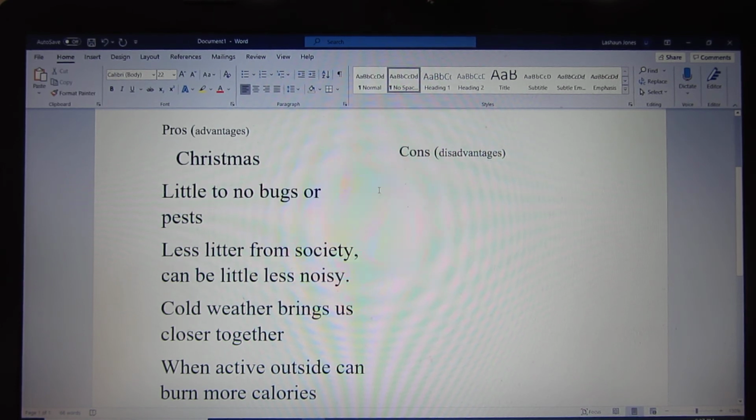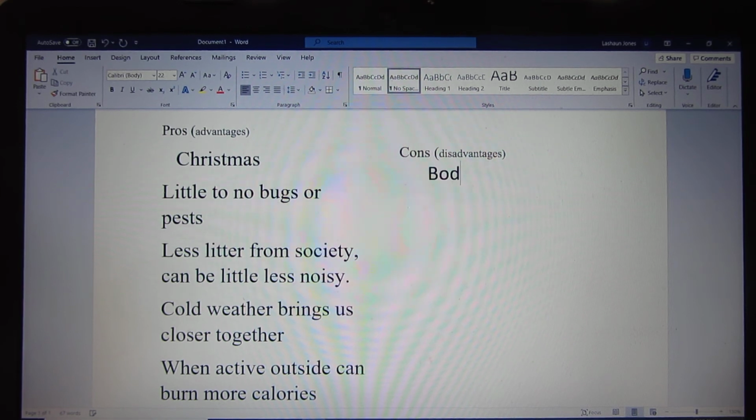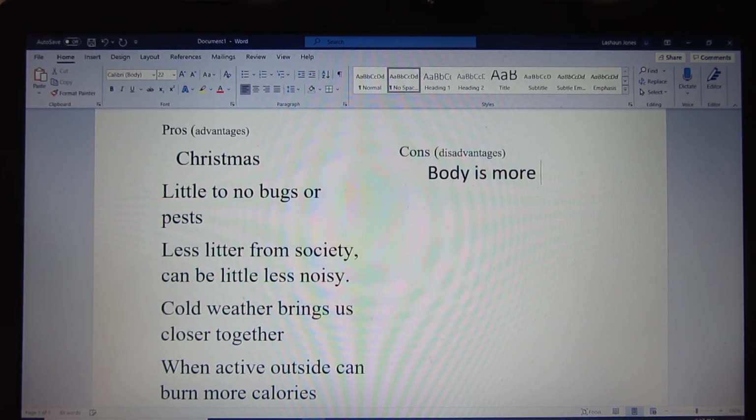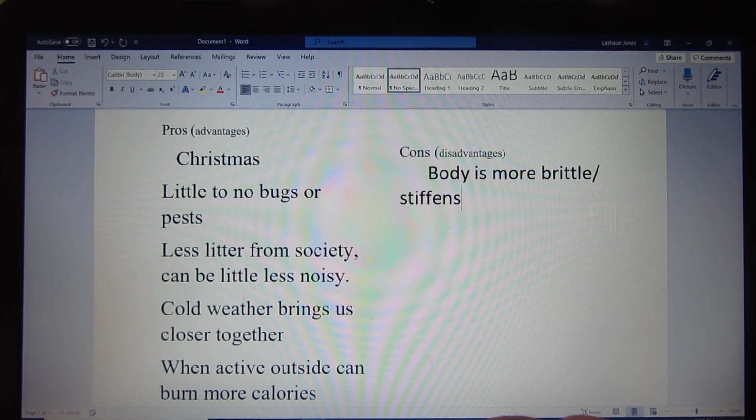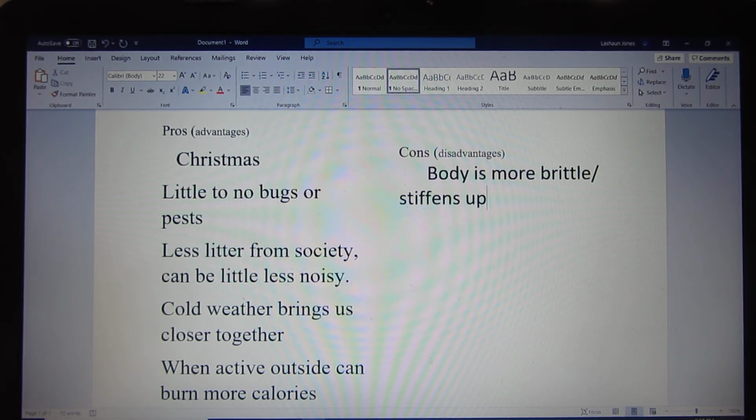So disadvantage: your body is more brittle, meaning it tightens up, stiffens up. And you'll hear maybe an older person or someone that's not as active, they'll move a little slower in the winter time.